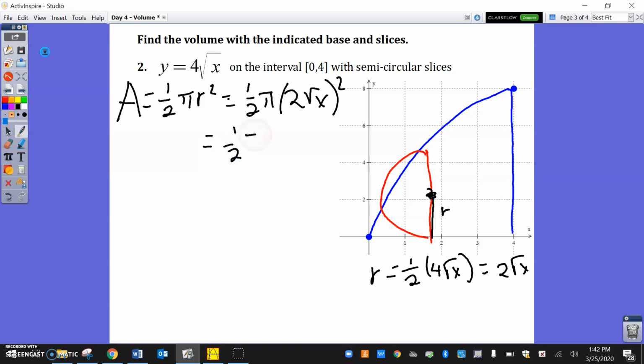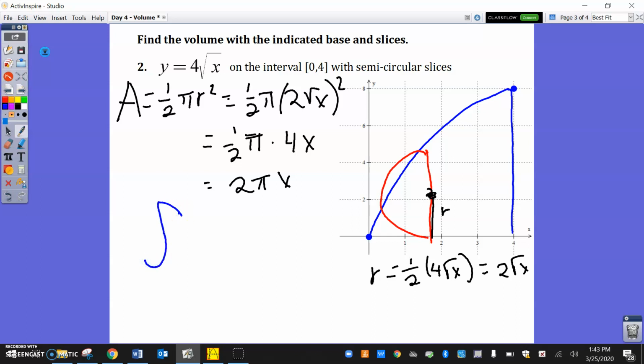And then I'm just going to simplify. So this will be 1/2 pi times 2 squared is 4, square root of x squared is just going to be x. And then I'm going to multiply the 1/2 times the 4 to get 2 pi x. And that's what's going to go into my integral when I set up my integral, which will be the next step.